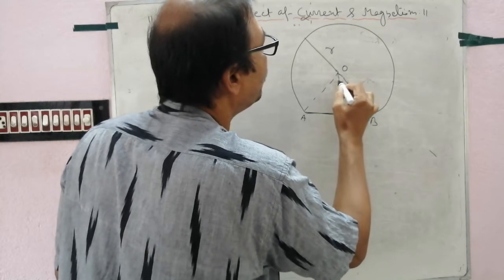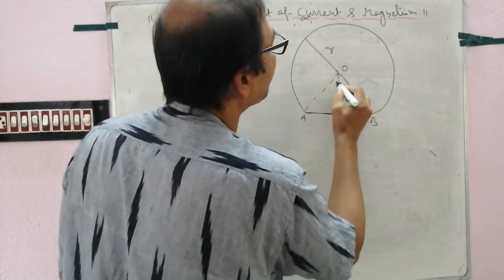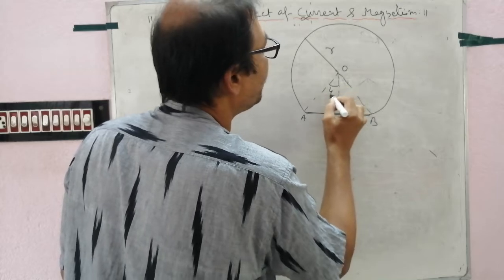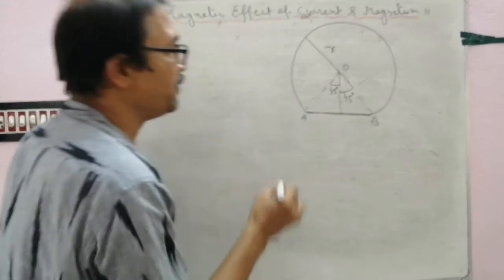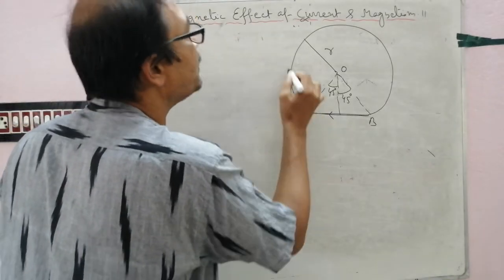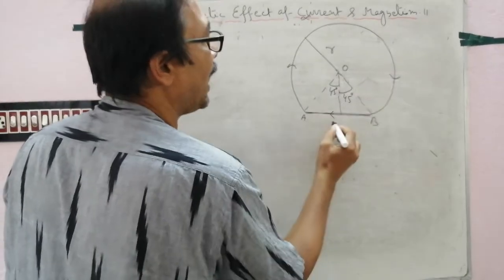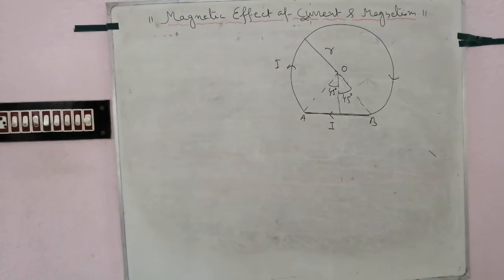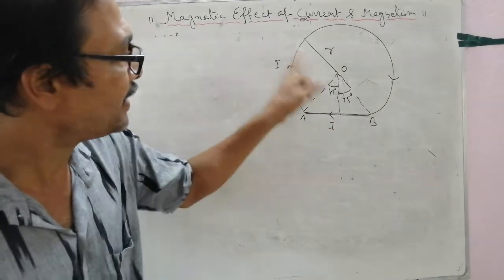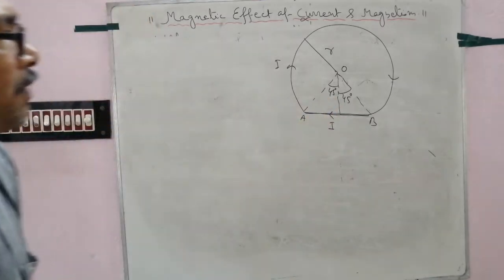This is 45 degrees, this is also 45 degrees. The current is in this way, I. What will be the magnetic field at the center? AB is a straight wire, and this is a 45 degree angle, and this is also a 45 degree angle.